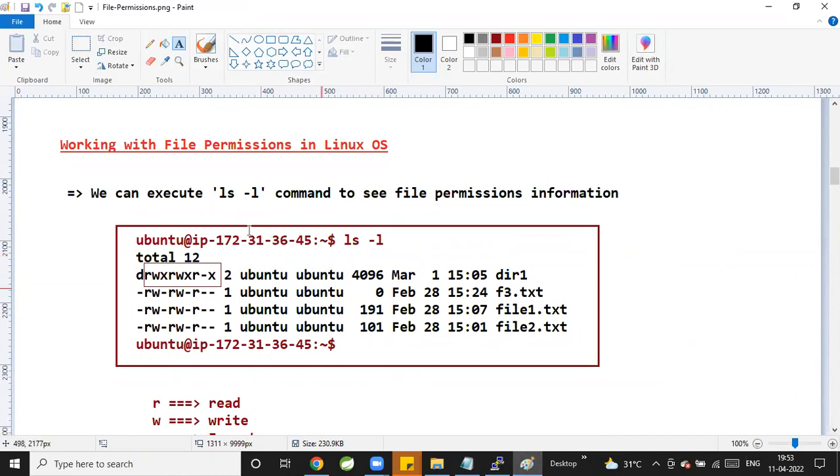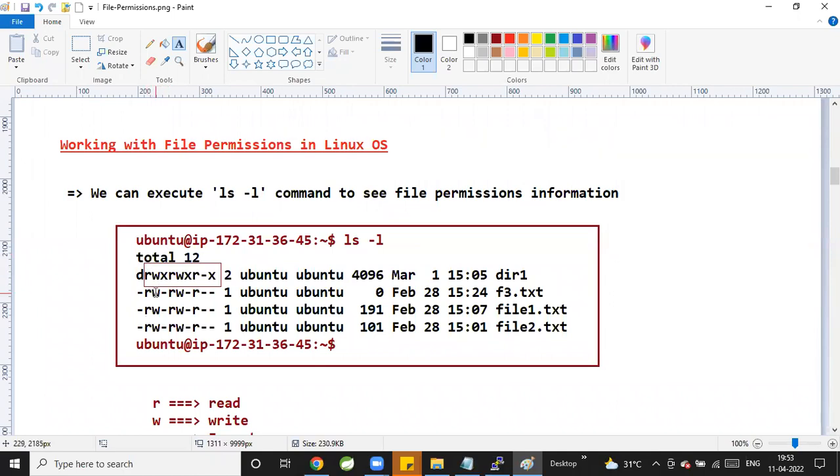Whenever you do ls -l, ignore the first character, because that first character represents what type of file it is, whether it is a directory or a file. Now, the remaining permissions have 3 segments, and every segment contains 3 characters.